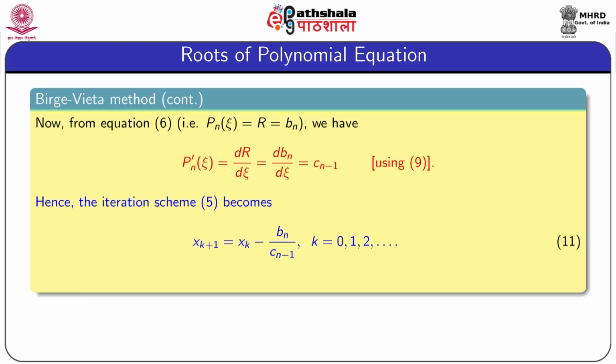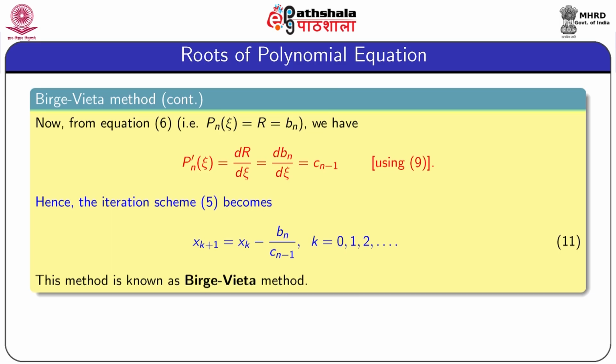Thus, the Newton-Raphson iteration scheme, equation number 5, becomes x_{k+1} equal to xk minus bn, the value of Pn at xk, divided by c_{n-1}, the value of Pn dash, and this iteration scheme is valid for all k equal to 0, 1, 2 and so on.